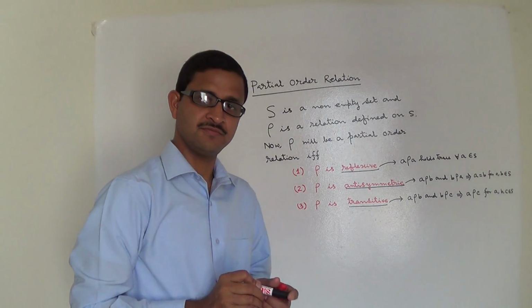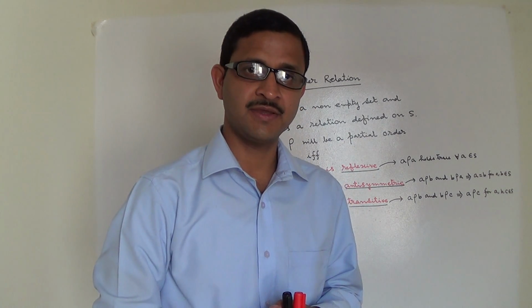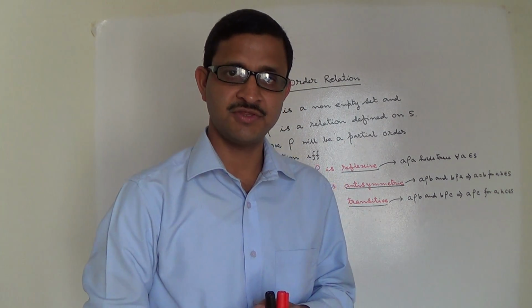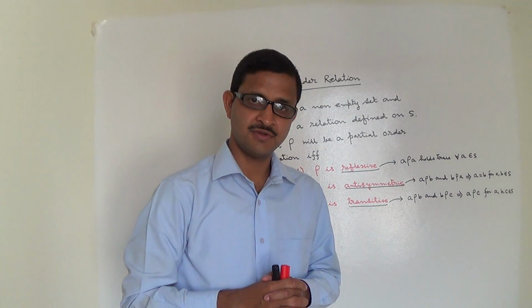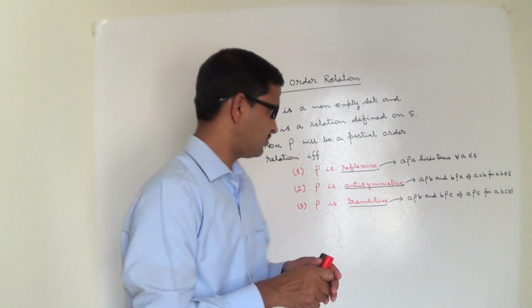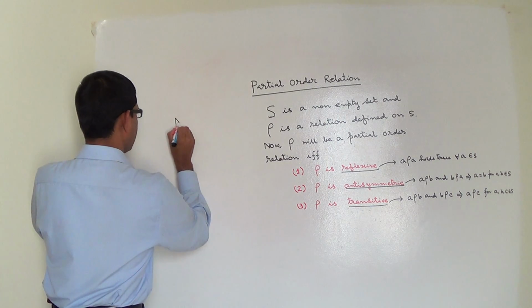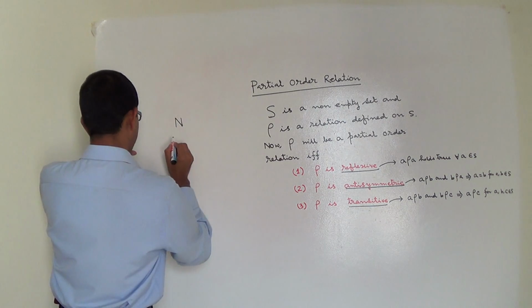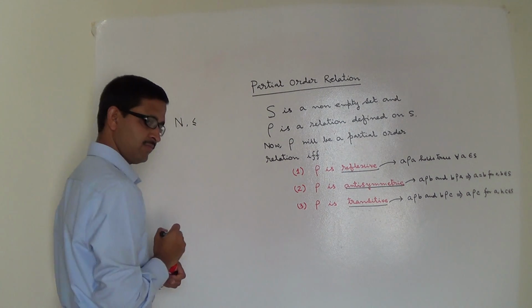Let's see an example. Let us consider capital N, the set of all natural numbers, and a relation defined on it is less than equal to.